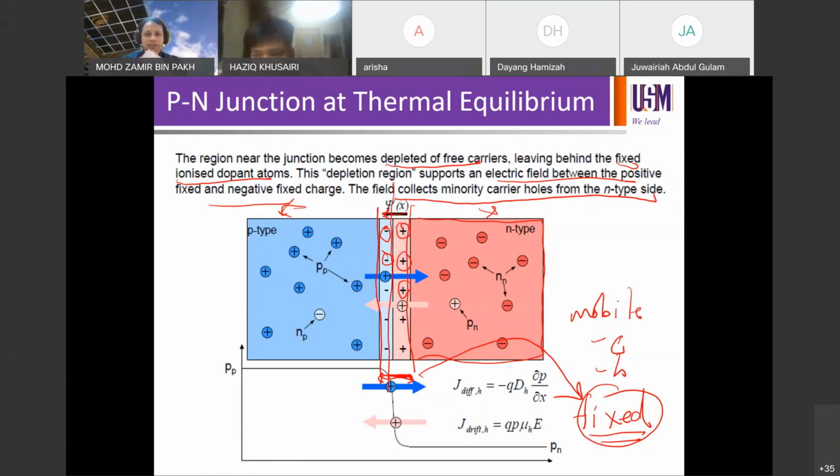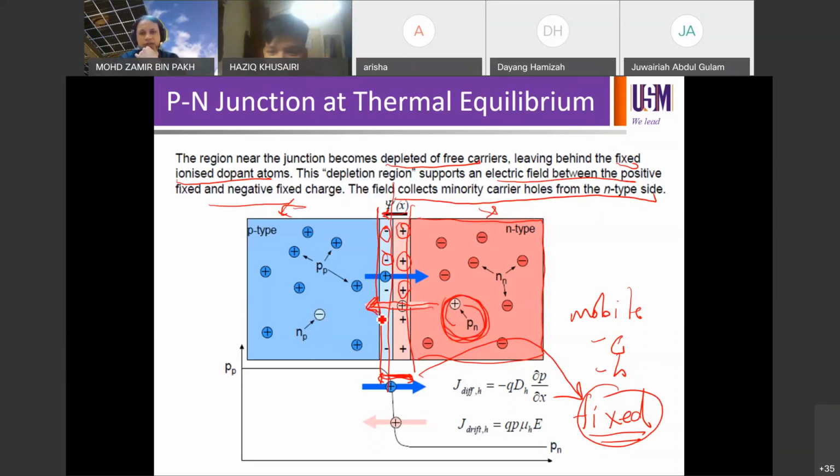Okay, so as a result, the field collects minority carrier holes from the N side, right? If you look at this, minority carrier holes from the N side. Due to the presence of the electric field and negative charges in the depletion region, this minority will be attracted to cross the junction.